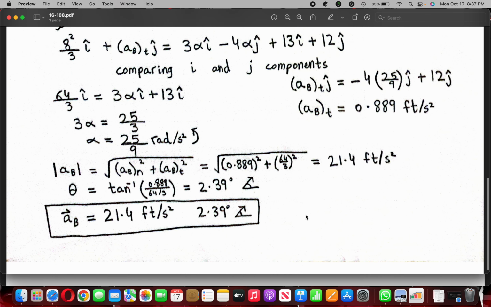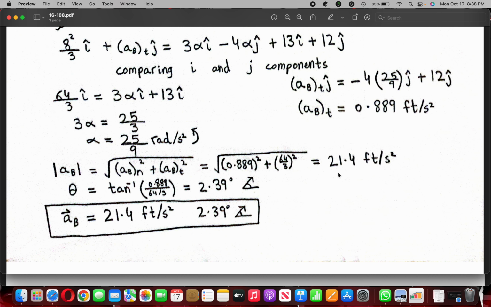Now we have two acceleration components, and we have to find the magnitude. We take the square of both components, sum them, and take the square root, and we get the acceleration, which is 21.4 feet per second squared. So this is the magnitude we have gotten.